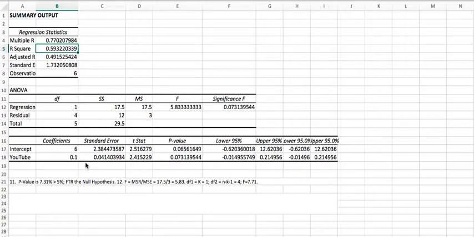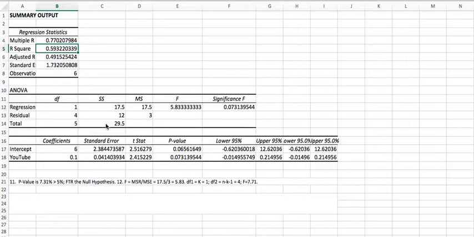So for the numerator, we have 1, because we have one independent variable. For the denominator, we have 4 degrees of freedom, which is n minus k minus 1, so 6 minus 1 minus 1 is 4.